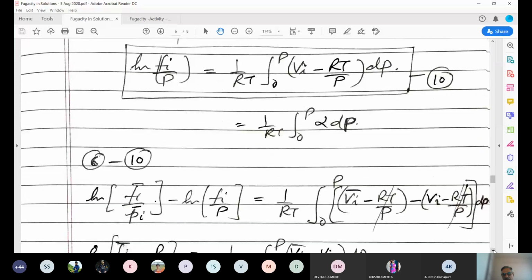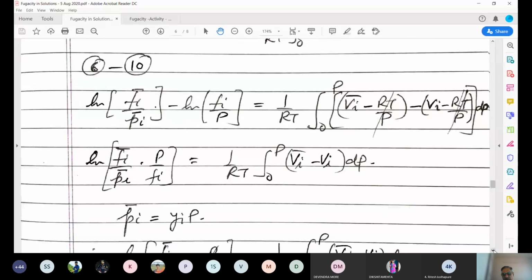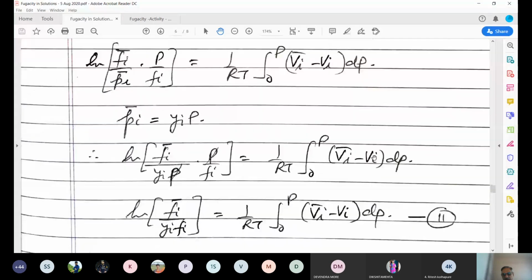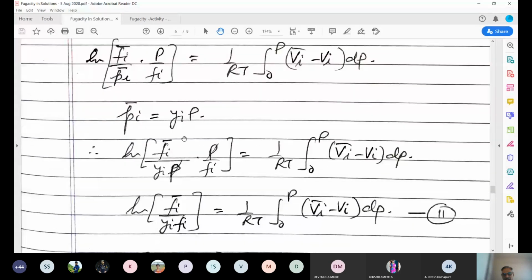So we subtracted, and we got this equation: Vi bar minus Vi. And what we are saying now is just substitute this Pi bar is equal to yi into P. What we'll get is ln Fi bar by y into Fi is equal to, on the right hand side, this equation 11.